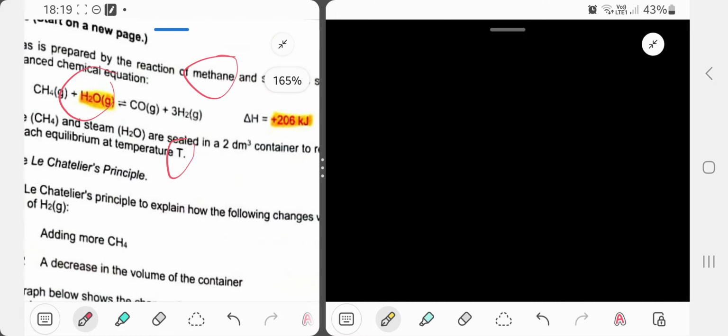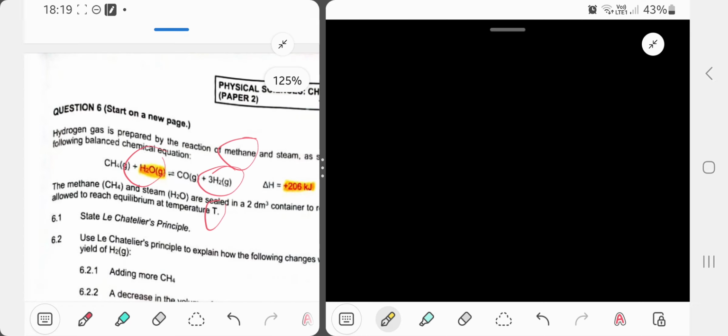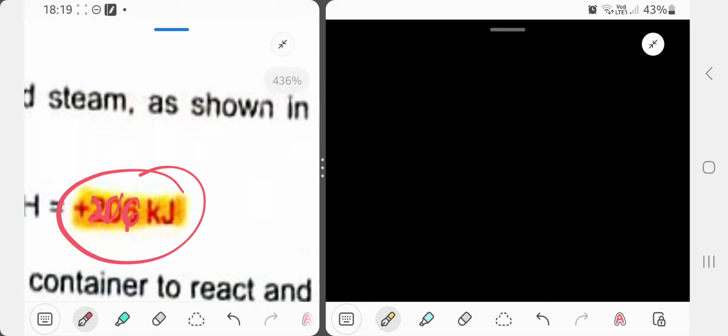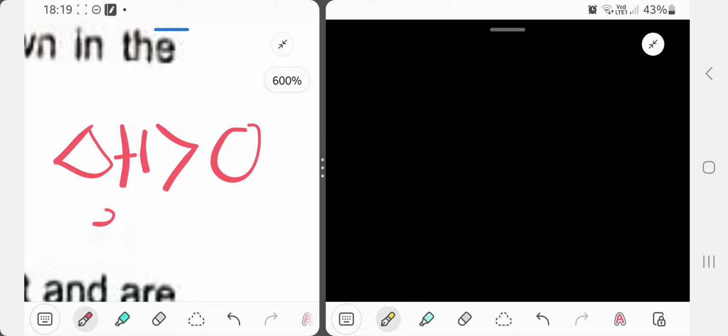Now we are focusing on H2. But before that, they've given us a critical piece of information. They tell us that delta H is 206. The number doesn't really matter, but what we have to understand is that delta H is greater than 0, which means it's positive. This means it is an endothermic reaction.